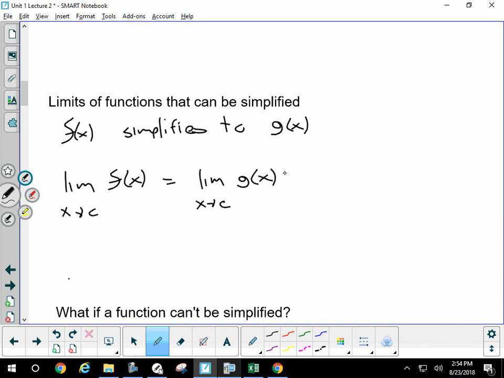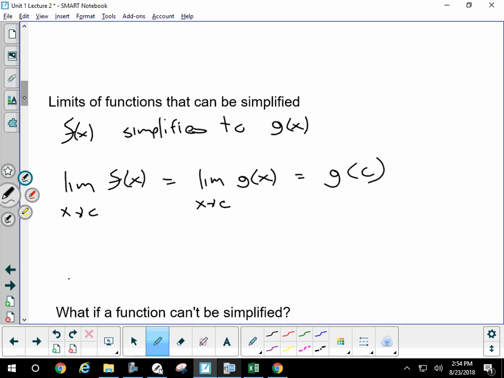And hopefully your simplified g has a function value at c, and the limit of f will equal that g's function value. Okay? We essentially remove the location of the hole. We remove the hole with this new function and replace it with just a point. And then we can use that point and we find the location of our limit.